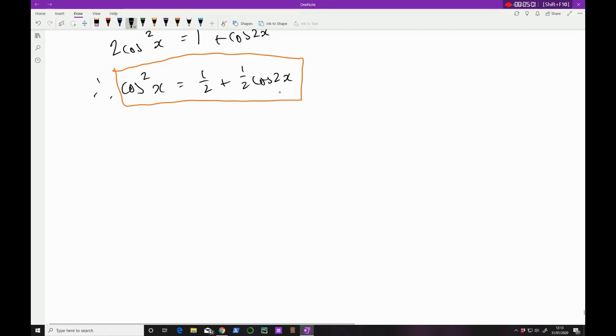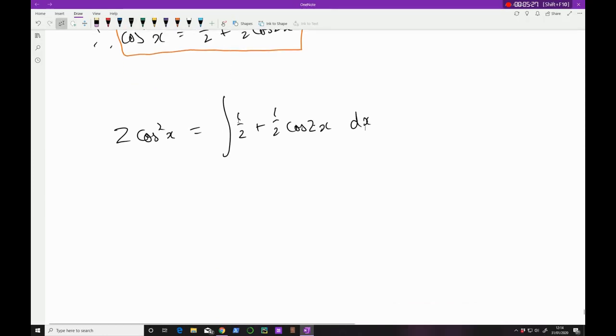So I'm going to have z cos squared x equals the integral of a half plus a half cos 2x with respect to dx. So integration is easy.